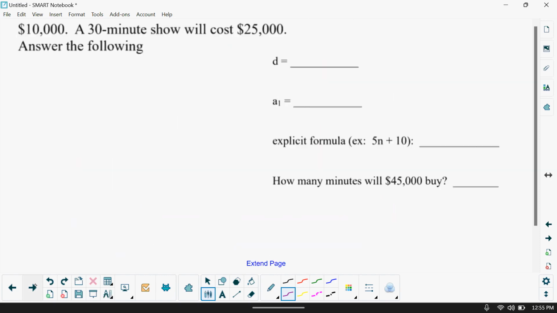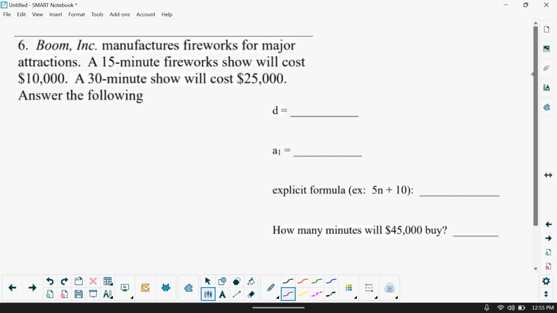Okay. And last problem. Boom Inc. manufactures fireworks for a major attraction. A 15-minute fireworks show, so a of 15, will cost $10,000. For 30 minutes is $25,000. Find d.